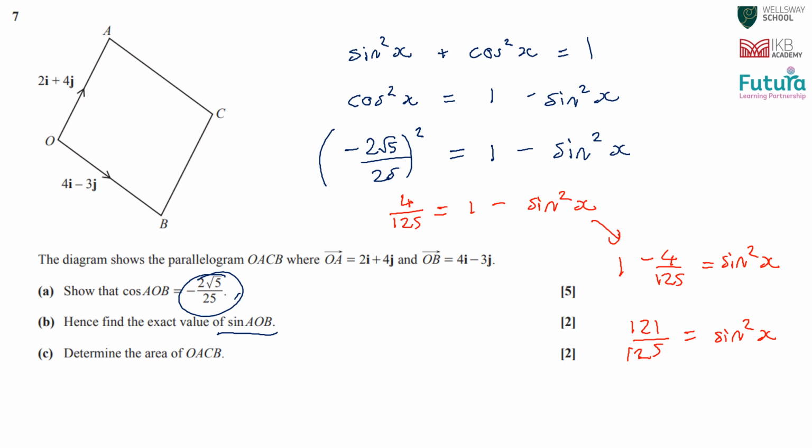And so finally, because that's sine squared x, to get to sine x, we can just square root both sides. If you square root both sides, you can use your calculator here. You get 11 root 5 over 125, which is the answer we were looking for.